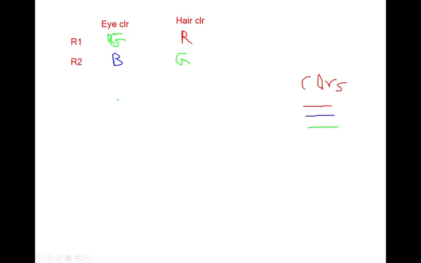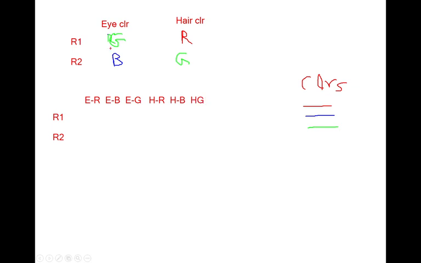Now how can we convert this into a binary type of variable? We can say R1 and R2, and then we can have eye red, eye blue, eye green, and hair red, hair blue, and hair green.